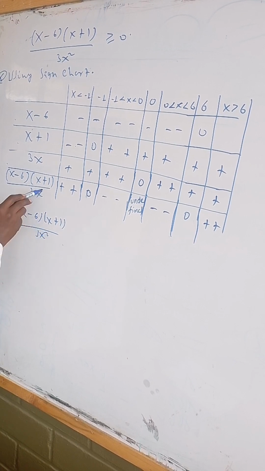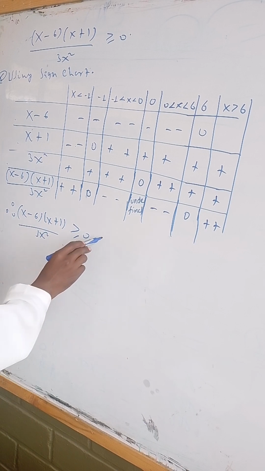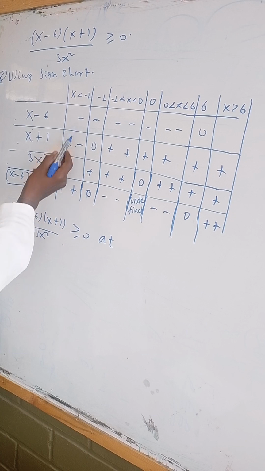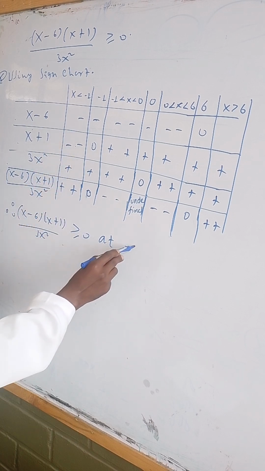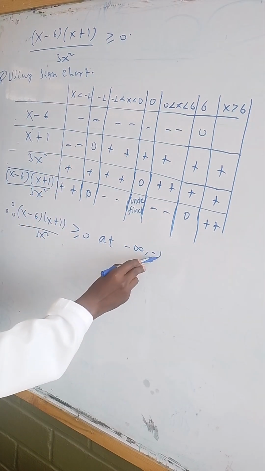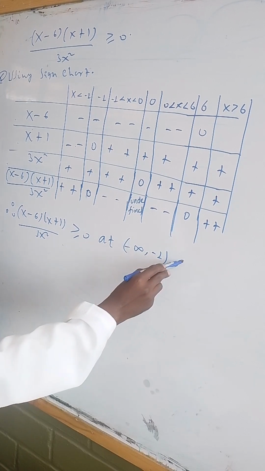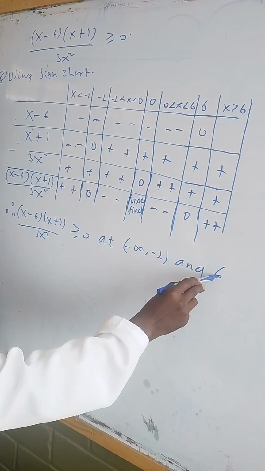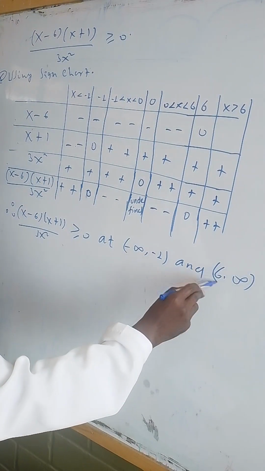Therefore, the expression (x minus 6)(x plus 1) divided by 3x² is greater than or equal to 0 on the intervals negative infinity to minus 1, and 6 to positive infinity.